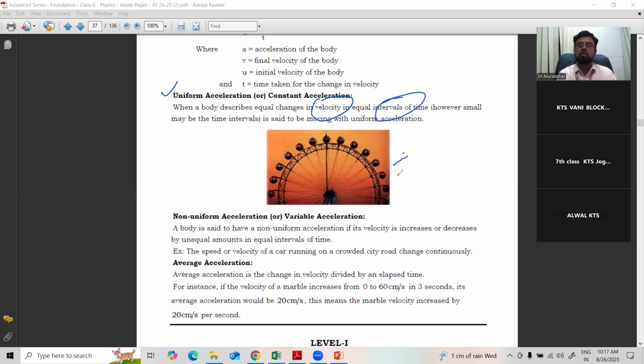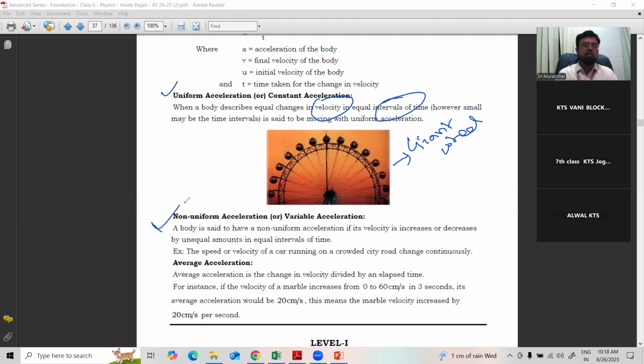See here, you can see a giant wheel. When you go to the circus or exhibition, you can find a giant wheel which moves around a circular path with a fixed point, with constant acceleration, constant change in velocity. As long as it is moving, it moves constantly. That's why the motion of the giant wheel is known as uniform or constant acceleration.